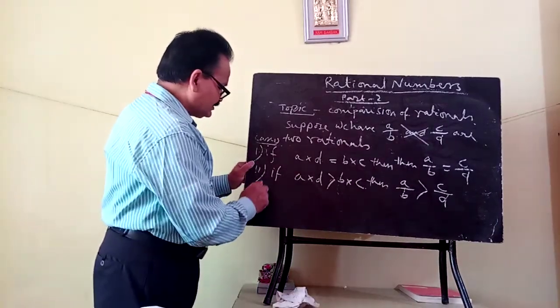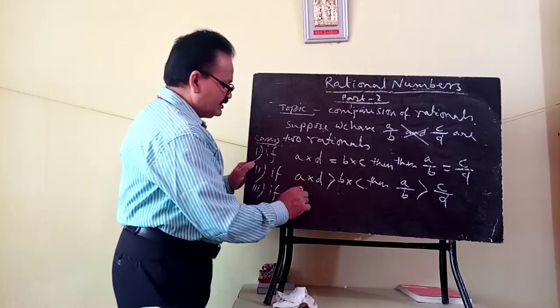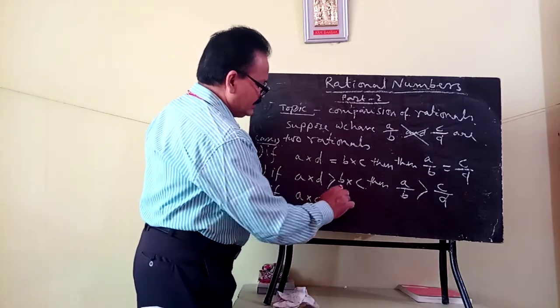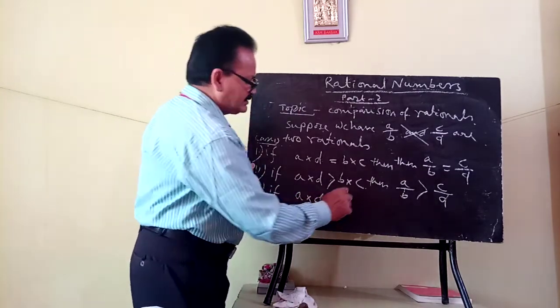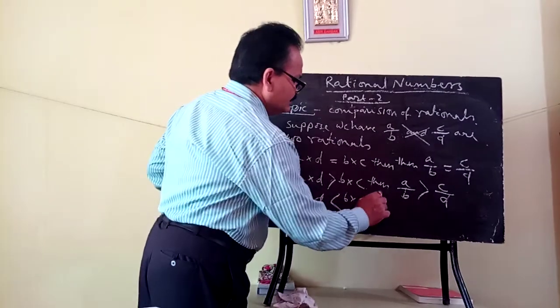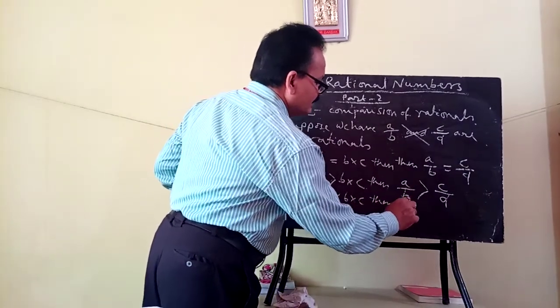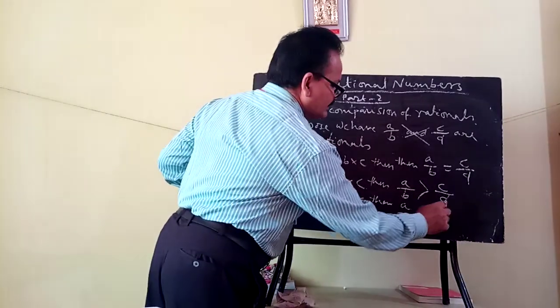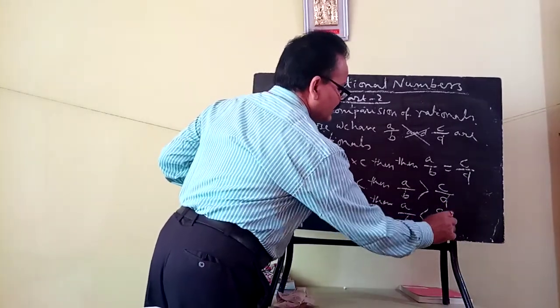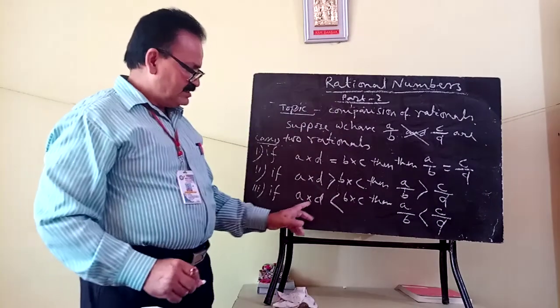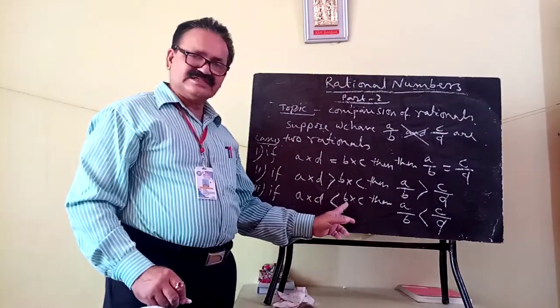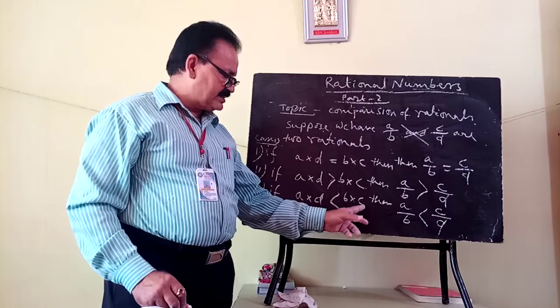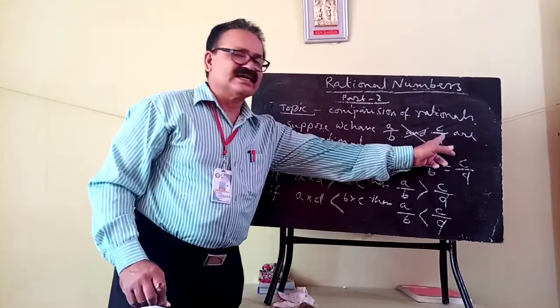Similarly, the third case: if the product of A and D is less than B and C, then rational A by B is less than C by D, because in this case the greater product is B and C, where C is the numerator and this C comes from the second rational.